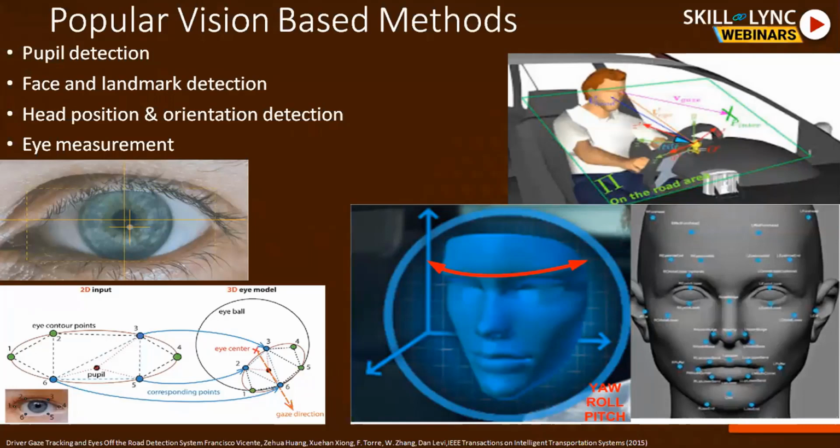Those metrics are measured primarily using cameras that can provide the percentage of eye openness and how long it has been closed, etc. So the first three are mainly used for understanding distraction behavior. The last one is primarily for drowsiness. These are the most popular ones we use today, and we have a lot of research going on and adopting this technology in the product line itself.